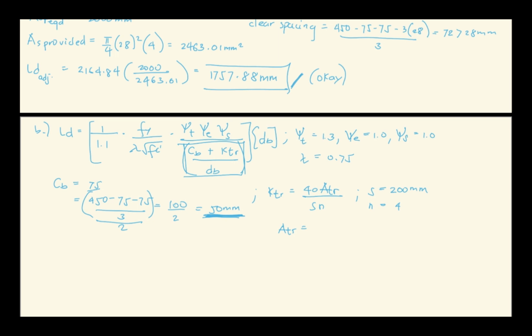As a consequence, 2 legs of the stirrups will be under the splitting plane, so we'll be considering those 2 cross sections. So pi divided by 4, 10 squared multiplied by 2, so 157.08, store in memory F.